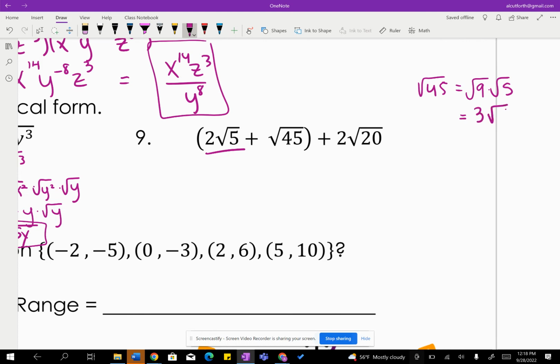Can we do the square root of 5? Nope, so it stays underneath. So 2 square root of 5 just stayed the same. We didn't simplify that. We now just took the square root of 45 and we turned it into 3 radical 5.